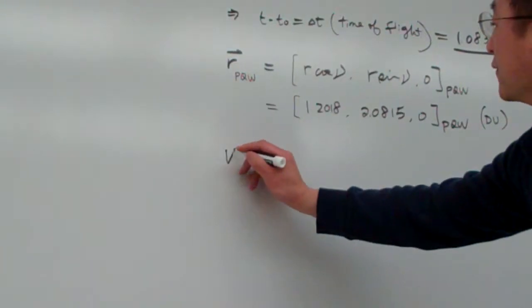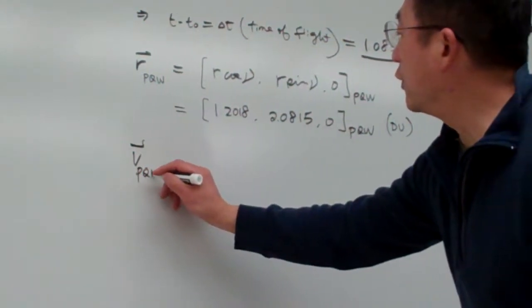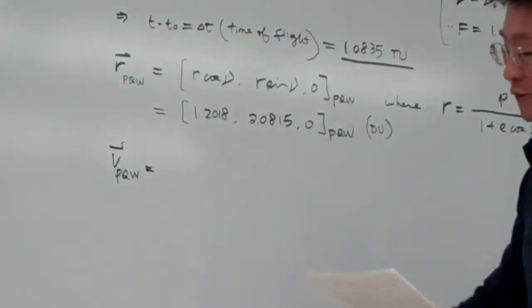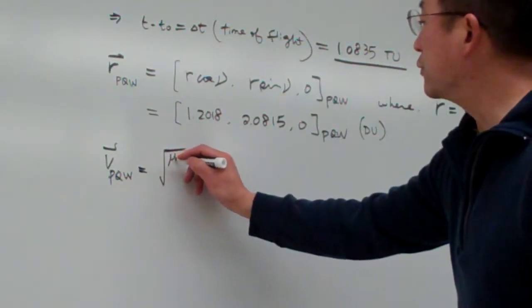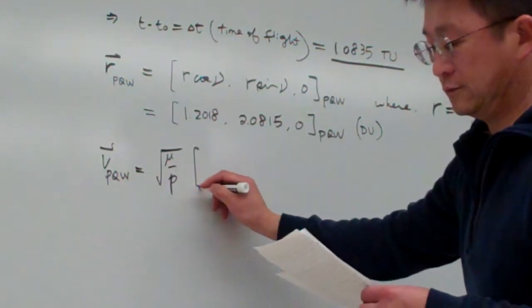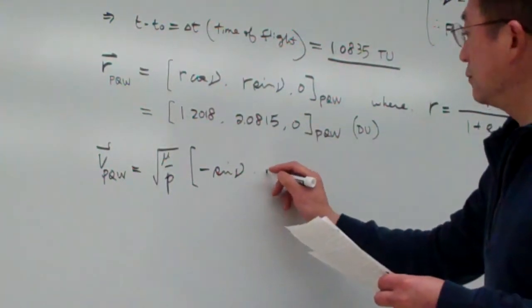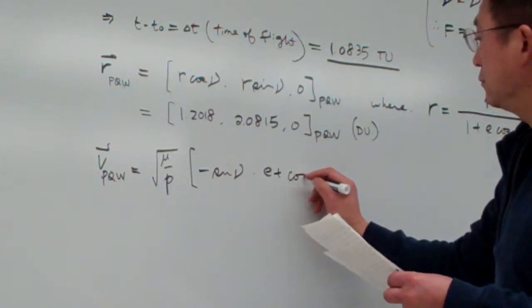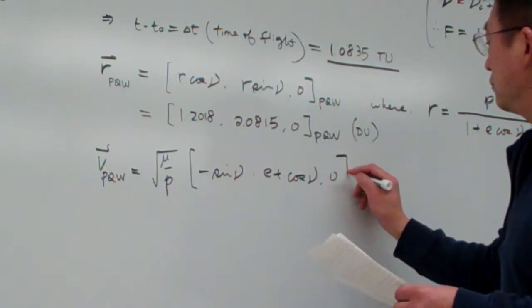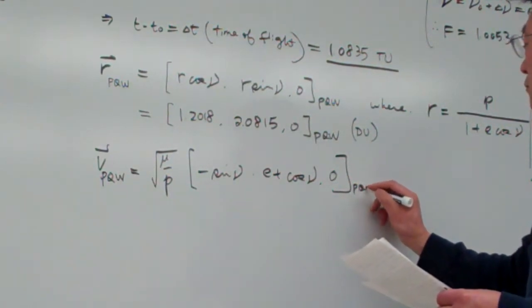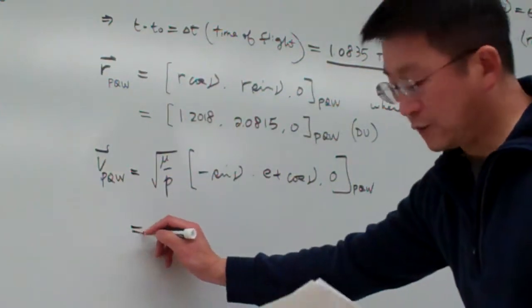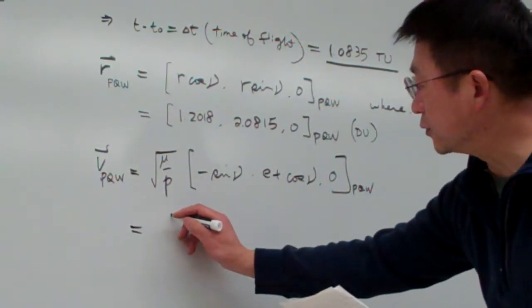And the velocity in the perifocal coordinate system, the formula is square root of mu over p times minus sine nu. So that one implemented will be equal to the result.